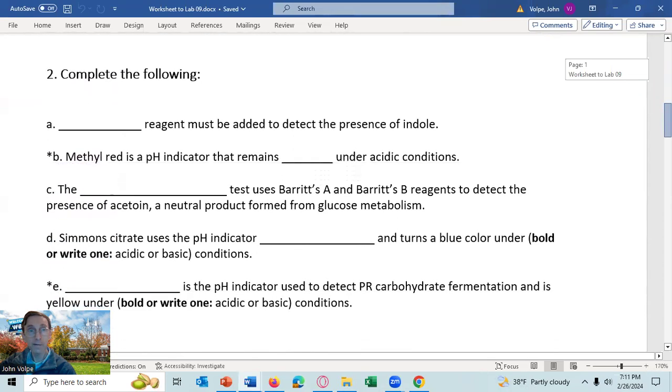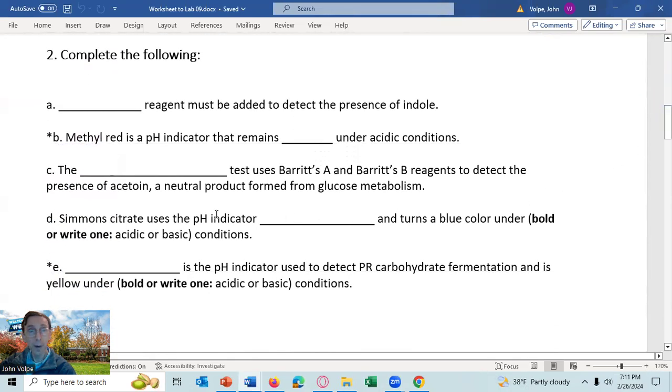And then answer the questions for 2. 2A, what reagent must be added to detect the presence of indole? 2B, methyl red is a pH indicator that remains what color under acidic conditions. 2C, the what test uses Barritt's A and Barritt's B reagents to detect the presence of acetone. 2D, Simmons citrate uses the pH indicator.